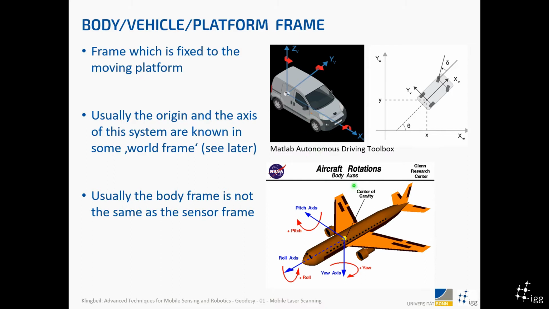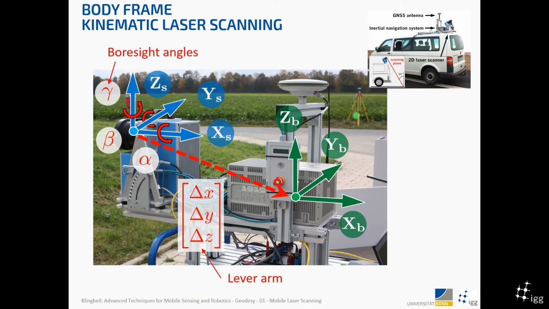In the example of an aircraft, it's the center of gravity, so the center of gravity of the plane is the origin, and then again the x-axis is pointing forward. This is pretty standard, but what's happening here is that the y-axis is pointing to the right and the z-axis is pointing down. This is usually a difference between aerial vehicles and ground-based vehicles, and we will come to that later.